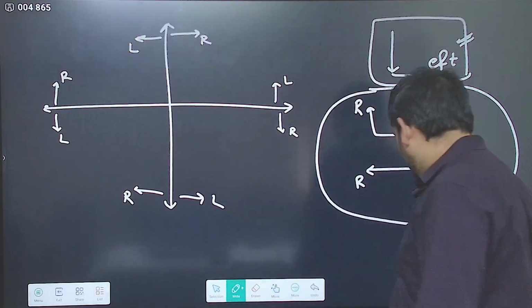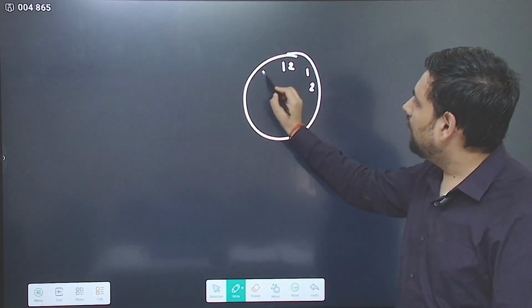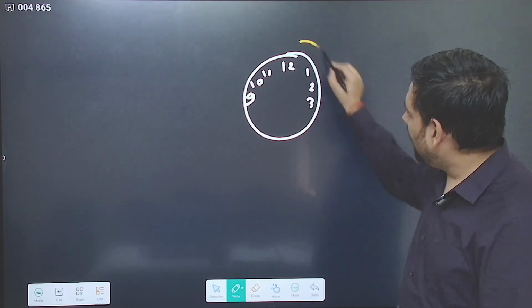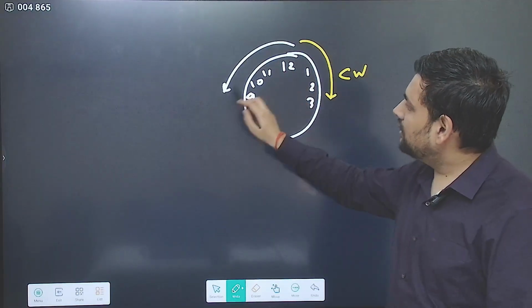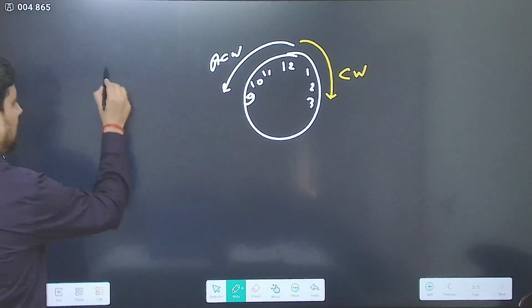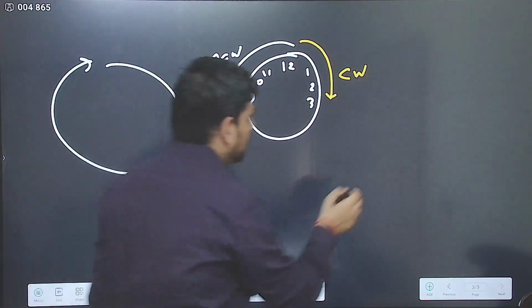Then one more thing is there, this you already know. If it is a clock like this, if I go in this direction, this is called clockwise, and if I go in this direction, this is called anti-clockwise.